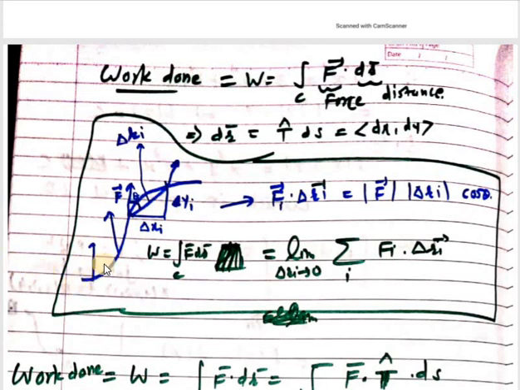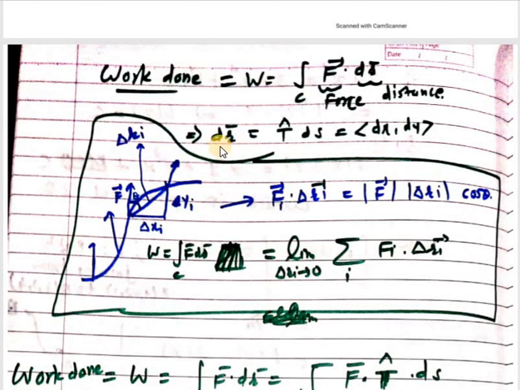If we consider the whole arc, integration is nothing but the sum of all partitions. If I consider this partition, then another partition, and sum up all these partitions, we get the integration. If we take the limit as delta ri tends to 0, that becomes the required line integral.